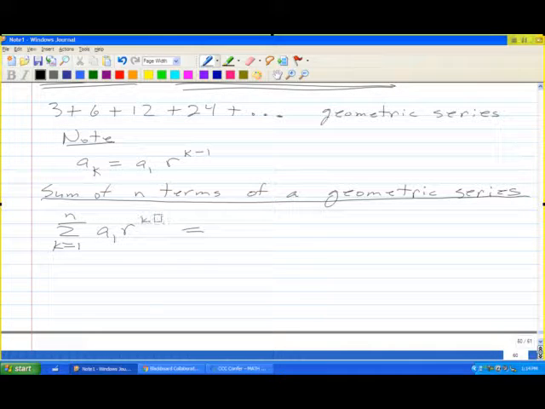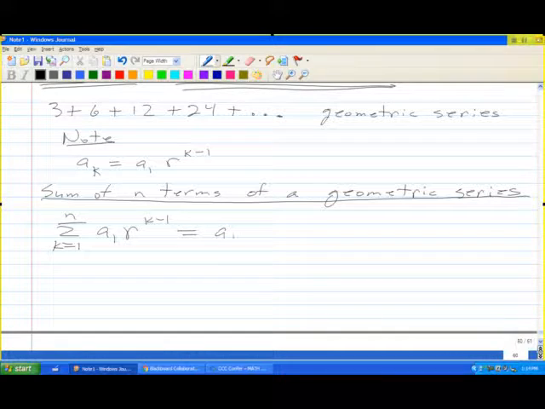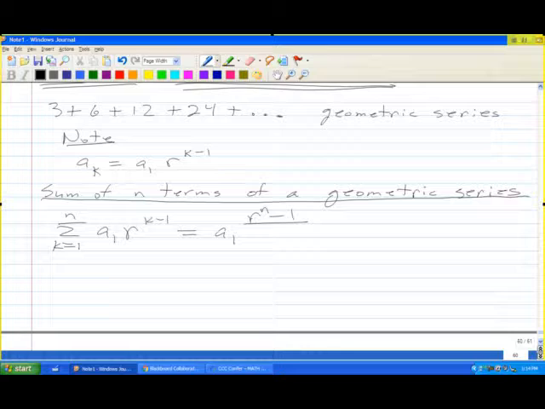So if I just look at the sum of the first n terms of this geometric series, I get that it's equal to a1 times 1 minus r to the n over 1 minus r.